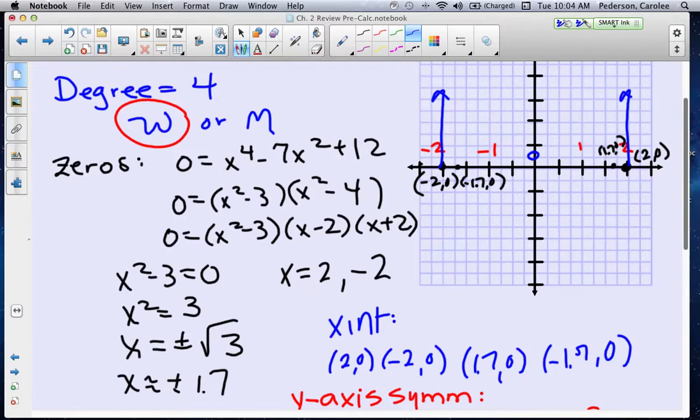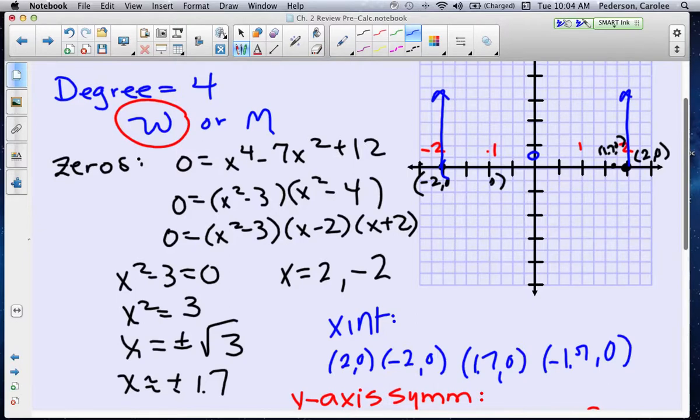So it probably does something maybe like that, or maybe like this, one of those two. And you would just try a couple points in there. Or maybe start with 0 and -1. And you plug it in for x.